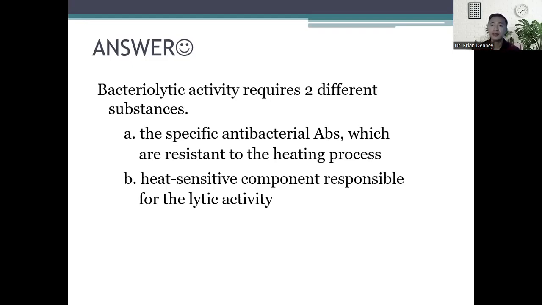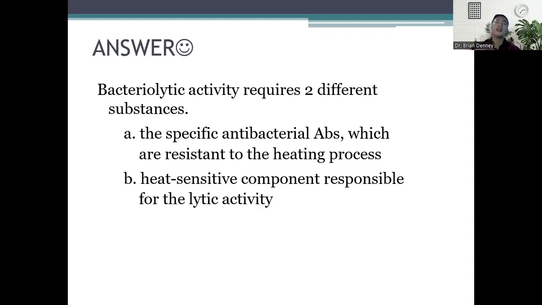So it killed the Vibrio cholerae colonies. In other words, to produce a bacteriolytic activity or to kill these organisms, we need antibacterial antibodies. And these antibodies are actually resistant to the heating process.